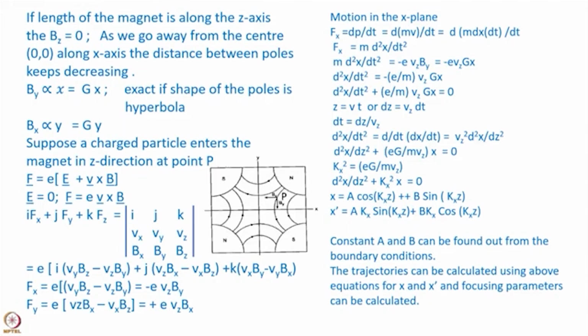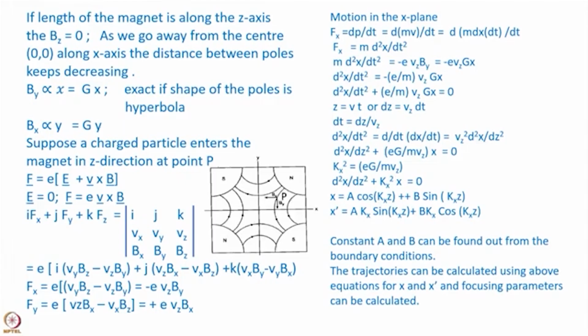And therefore you can write this as d by dt within brackets m into dx by dt, because velocity in the x plane is dx by dt, and this you can write as m into d square x upon dt square.